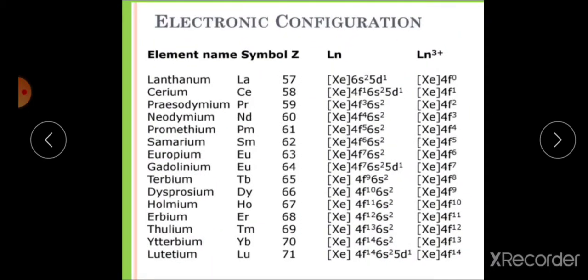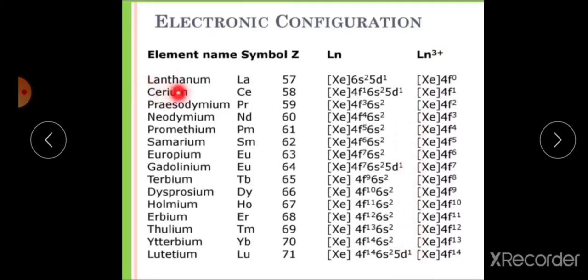Here in this table, the electronic configurations of lanthanides are given. The elements which are present in the lanthanide series are called lanthanides. Also, the electronic configuration in their +3 oxidation state is given here.